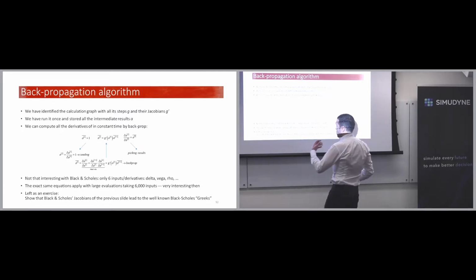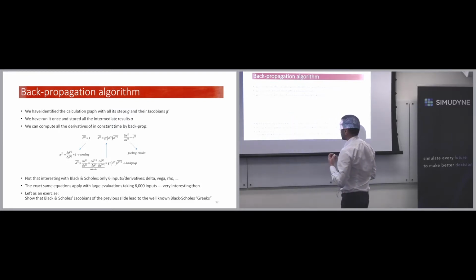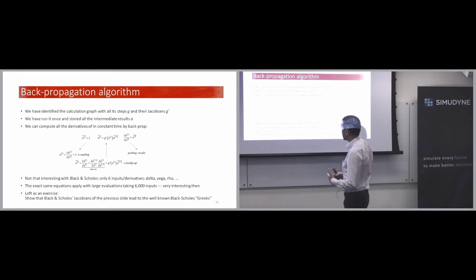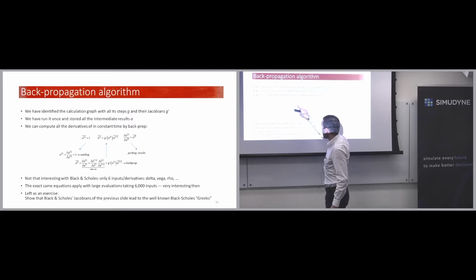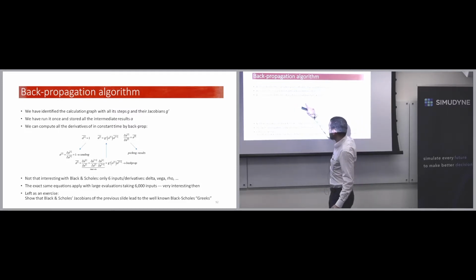So first I have a seeding step where I have an initial condition for my adjoint equation, which is that the sensitivity of the final result to itself is 1. It's rather trivial. Then I have a backpropagation equation, which is an application of a chain rule that gives me the adjoint of any layer as a function of the next layer and a known Jacobian.